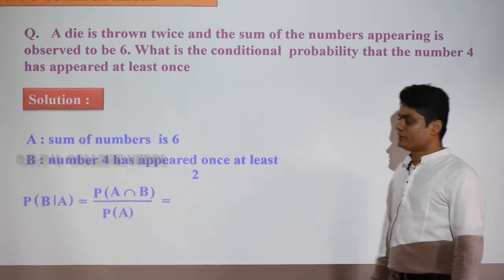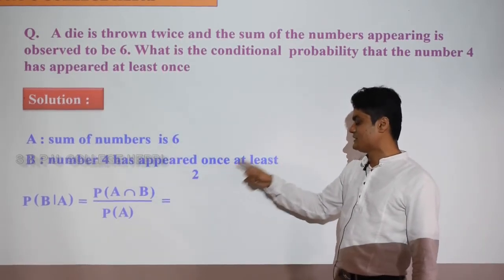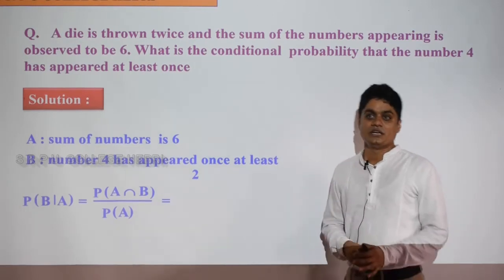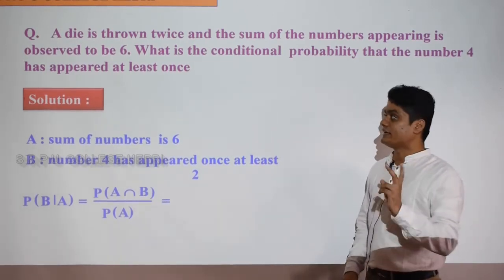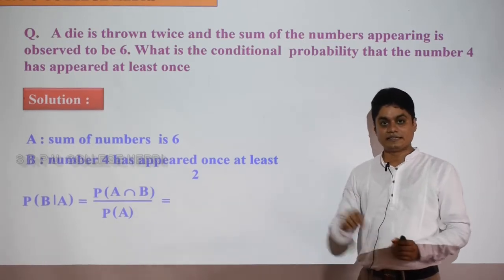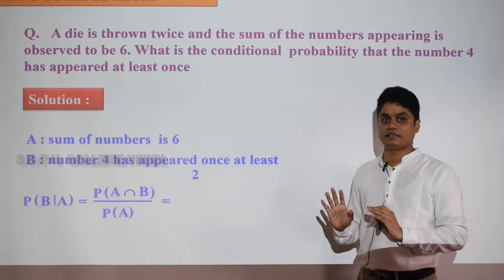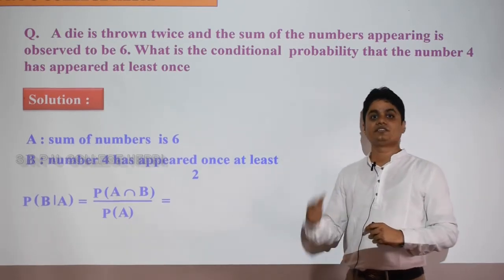So what is probability of A intersection B? Sum should be 6 and number 4 appeared at least once. Tell me all the outcomes when a die is thrown twice: 1 1, 1 2, 1 3, 1 4, 1 5, 1 6. Similarly 2 1, 2 2, 2 3, 2 4, 2 5, 2 6. You needn't write them all, just keep that in your mind. 3 1, 3 2, 3 3, 3 4, 3 5, 3 6.